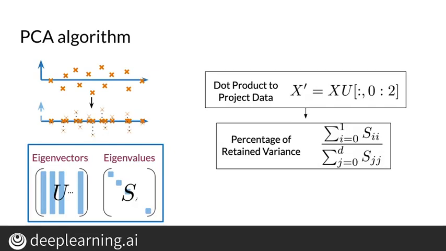Then, you'll get the percentage of variance retained in the new vector space. As an important side note, your eigenvectors and eigenvalues should be organized according to the eigenvalues in descending order. This condition will ensure that you retain as much information as possible from your original embedding. However, most libraries order those matrices for you.